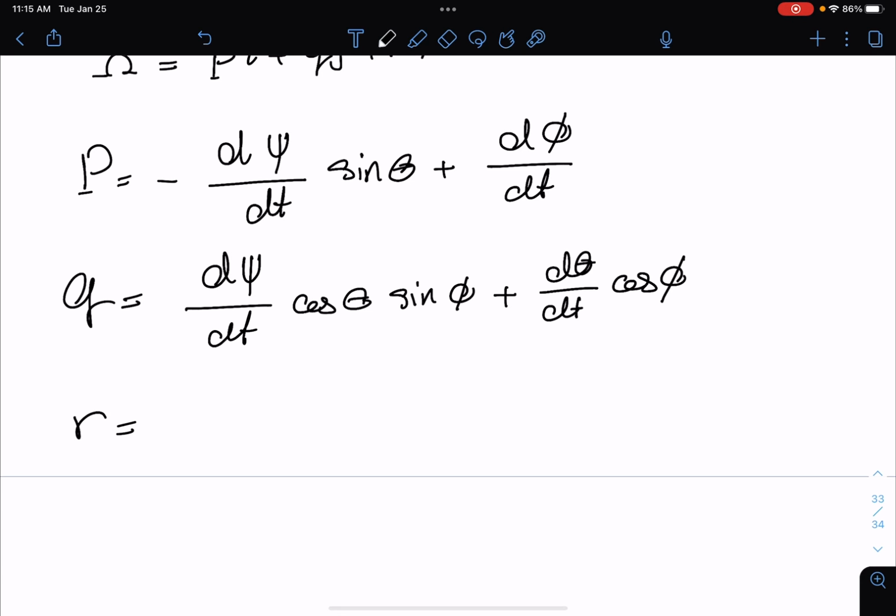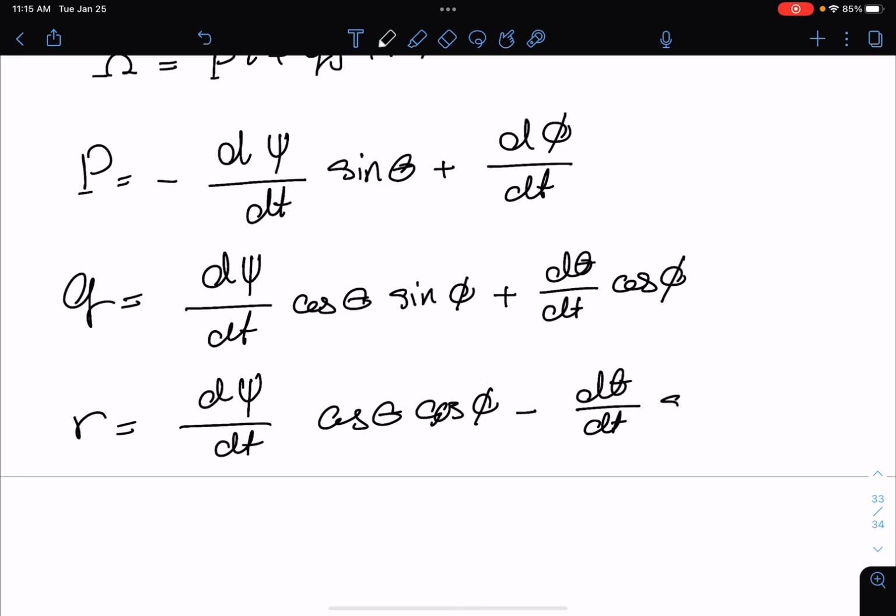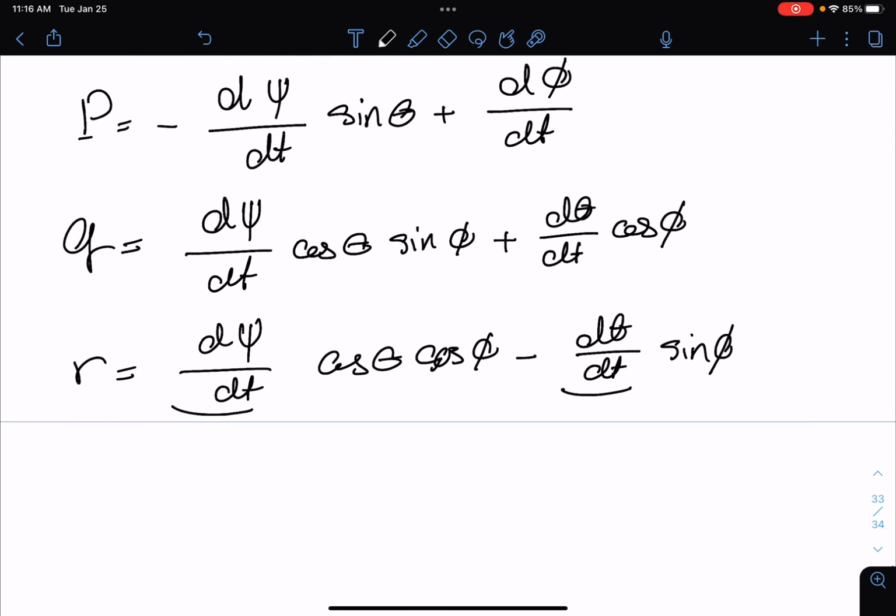And R can be defined as d psi dt cosine of theta cosine of phi minus d theta dt sine of phi. We can rewrite this and find d psi dt and d theta dt, the changes in the angle of yaw and angle of pitch, as a function of these components of angular velocity.